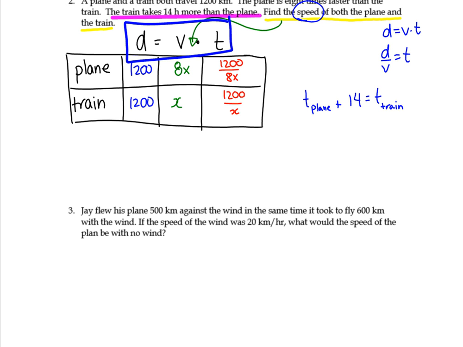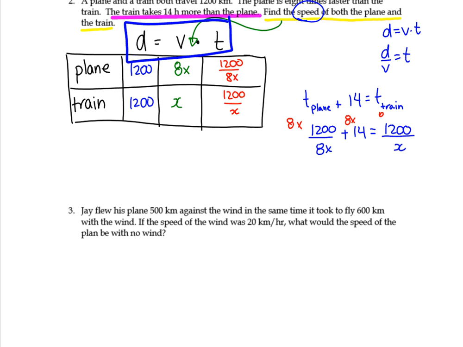What's the expression for the plane's time? 1,200 over 8x plus 14 equals 1,200 over x. Be careful with those. It's a common mistake. What are we multiplying everything by? 8x.